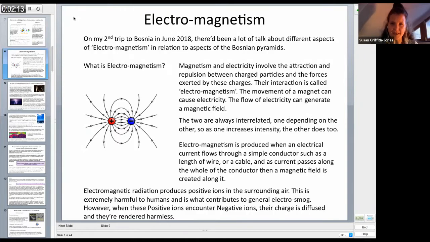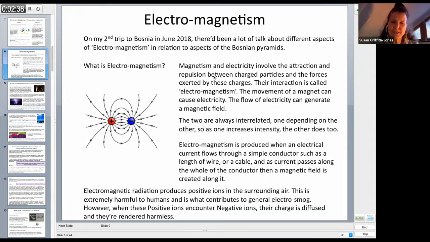So electromagnetism, when it comes together. Like I just mentioned, on my second trip to Bosnia in June 2018, there had been a lot of talk about different aspects of electromagnetism in relation to the Bosnian pyramids. So now I'm looking at what is actually, when you put these two together, electromagnetism?